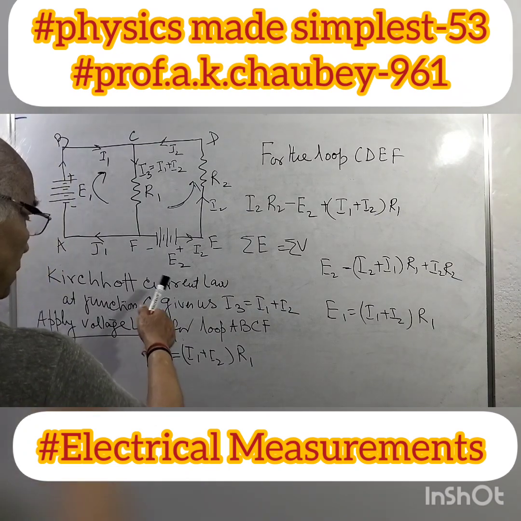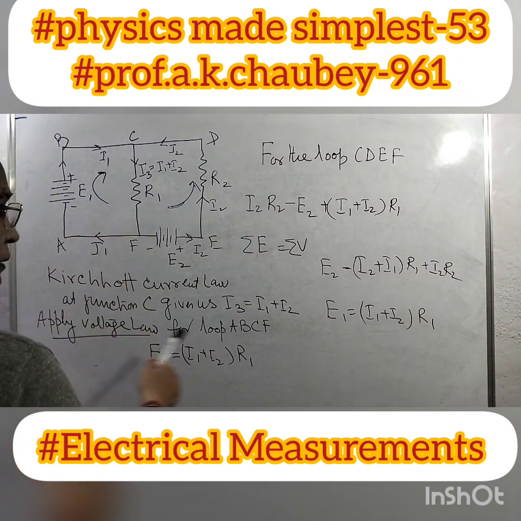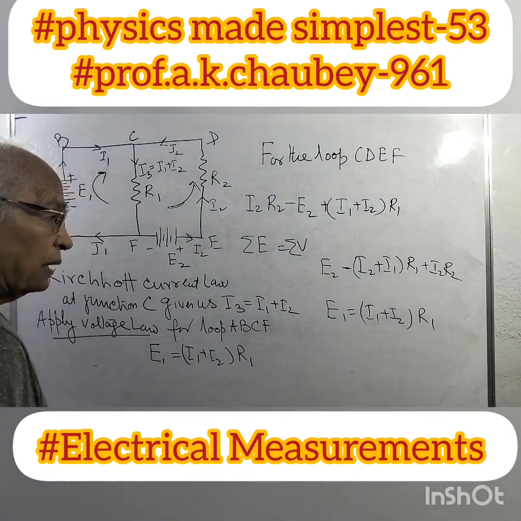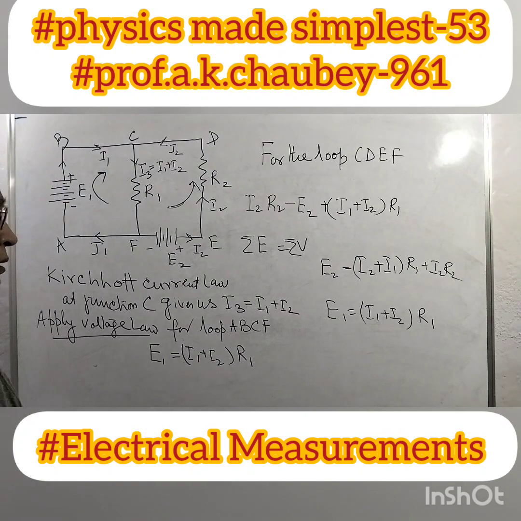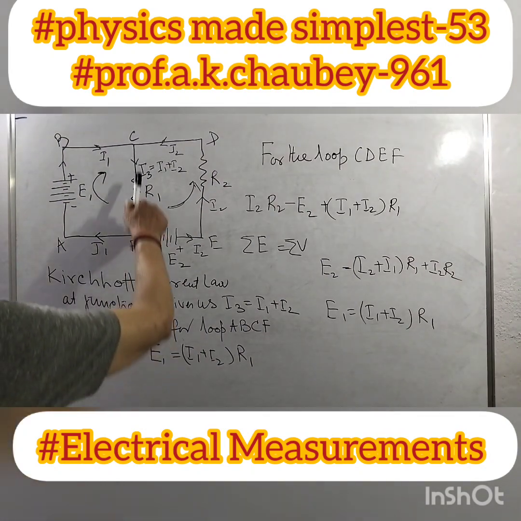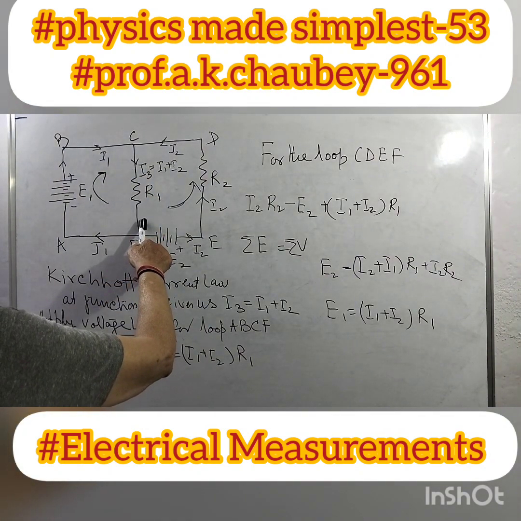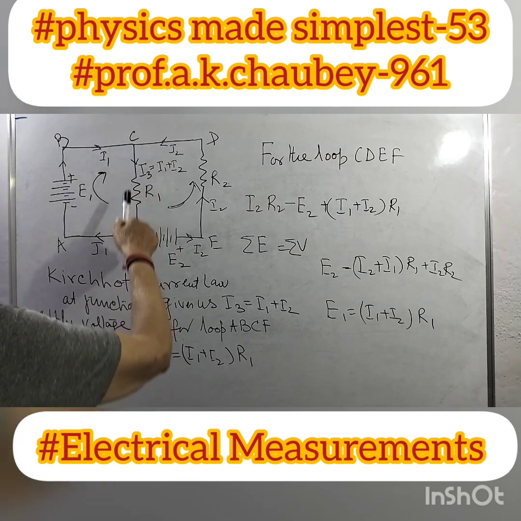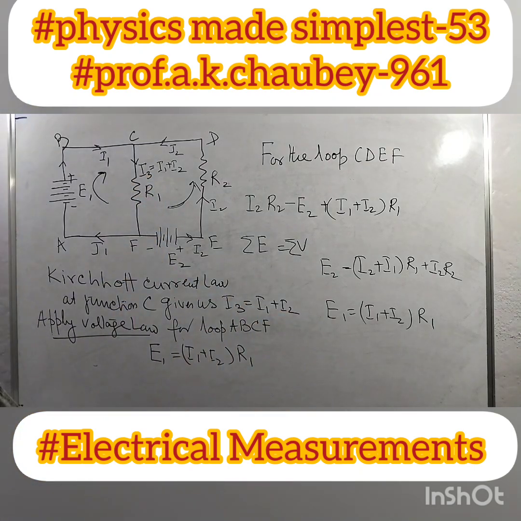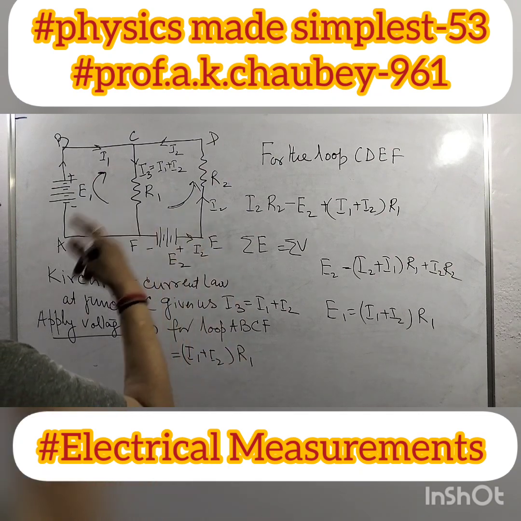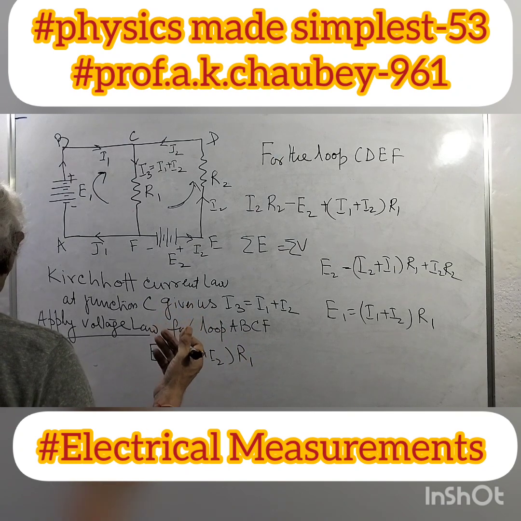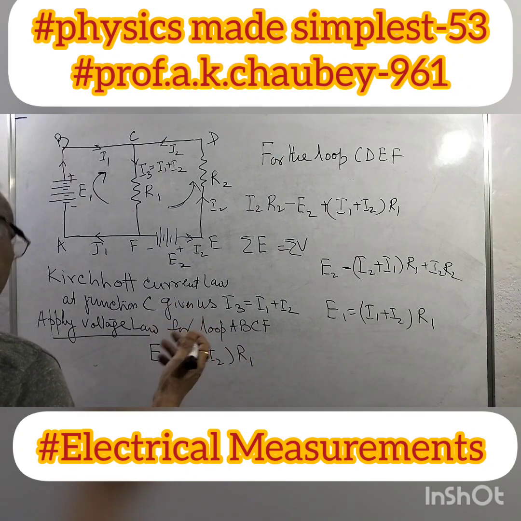So for this circuit, these two equations can be used to get the current through it. If we want to get I1 and I2 separately, and the current through this, these two equations can be used. Whatever problem you have, you can solve it and get the unknown.